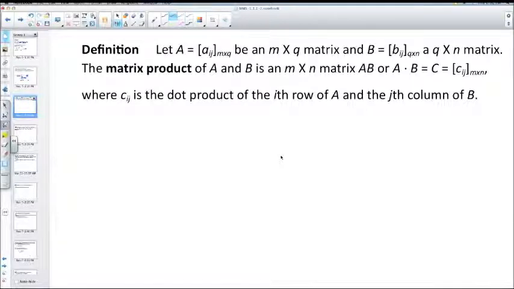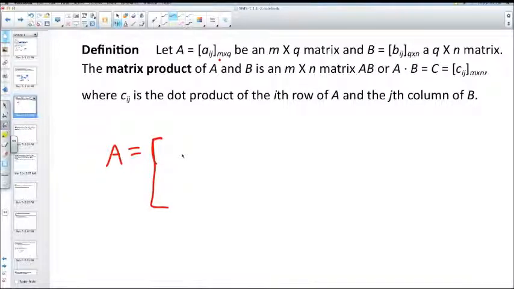So let's generalize the idea of matrix multiplication. Well, we're going to give you more examples, but let's generalize the idea. If I have the first matrix A, which is an M by Q matrix, let me expand it.